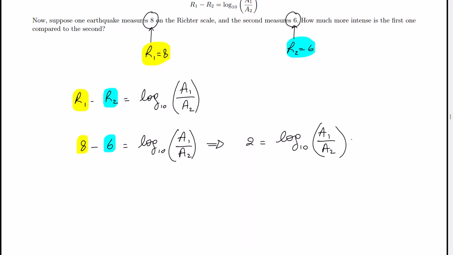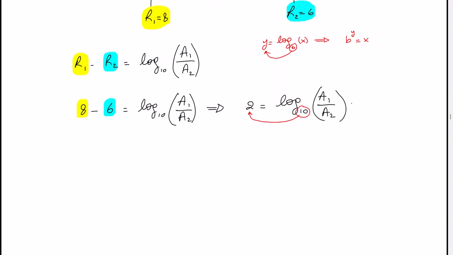The definition says if you have y equals log base b of x, you can rewrite this as b to the power of y equals x, meaning just take the base, push it under the y, and then drop the logarithm. So for me, I'm going to take the base 10, push it under the 2, and then drop the logarithm from the problem. That's how I can convert from logarithm notation to exponential notation.